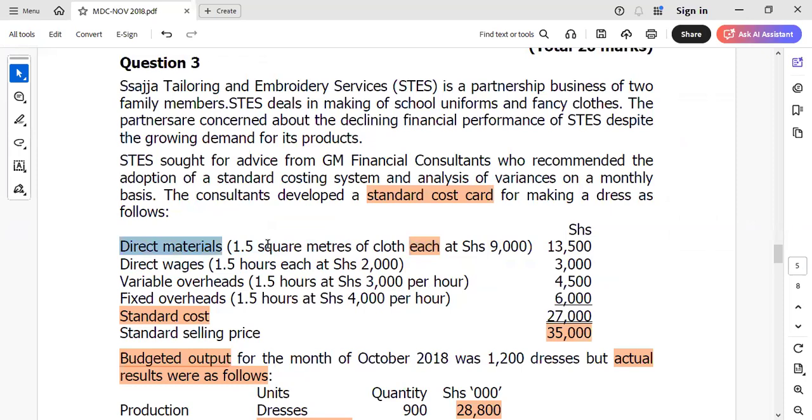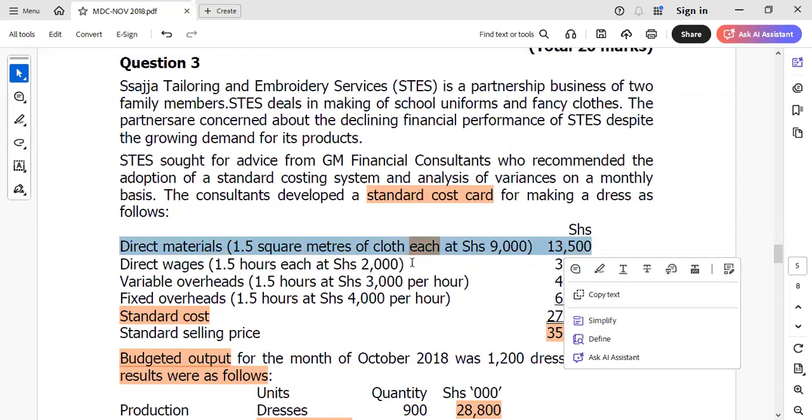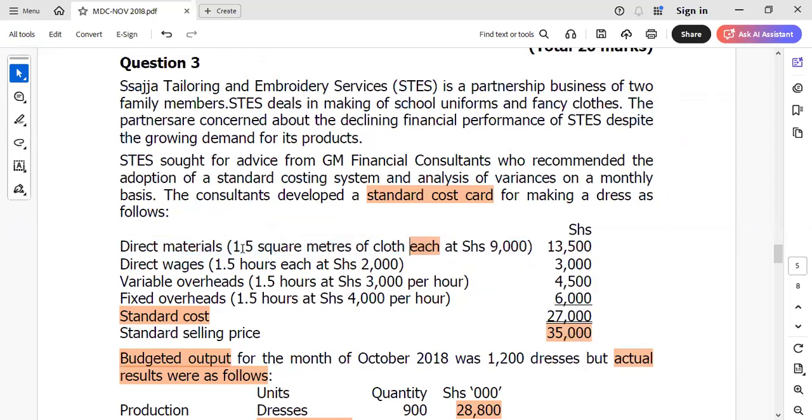Remember, this is the standard cost card. They are telling you indirectly that for you to make one dress, you need 1.5 square meters in terms of quantity.